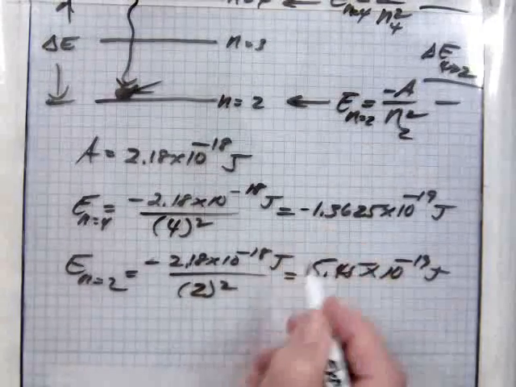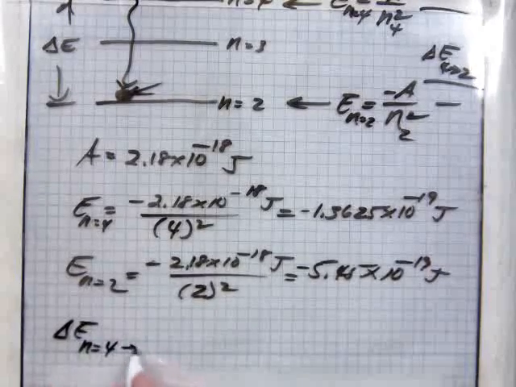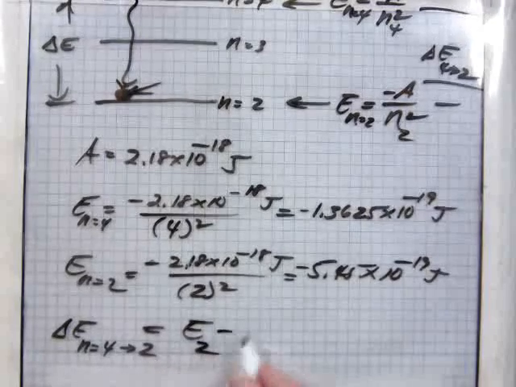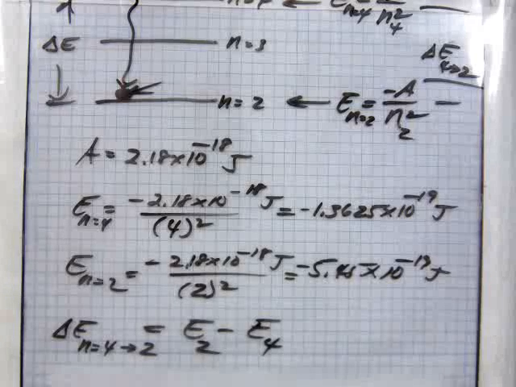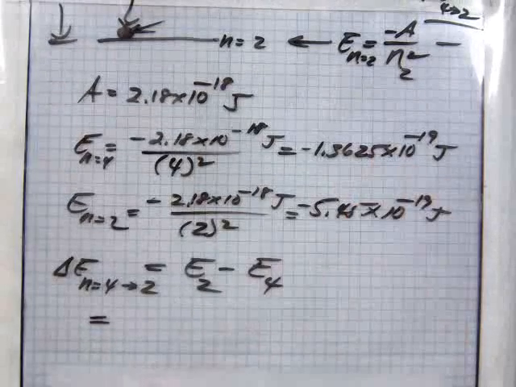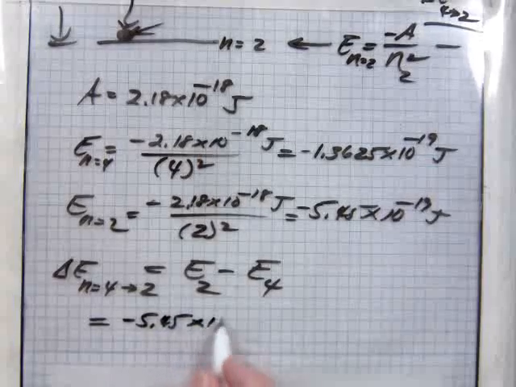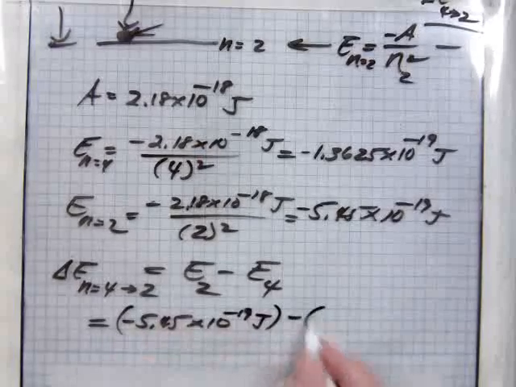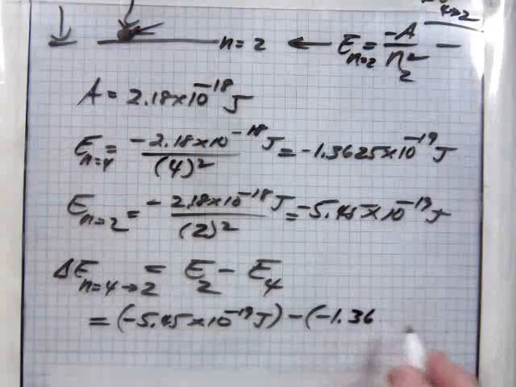Yeah, actually, that's negative. So delta E for n equals 4 to 2 is energy while it's living in 2 minus energy while it's living in level 4. And so that works out to be the difference in these two. Energy 2 is minus 5.45 times 10 to the minus 19th of a joule minus minus 1.363.